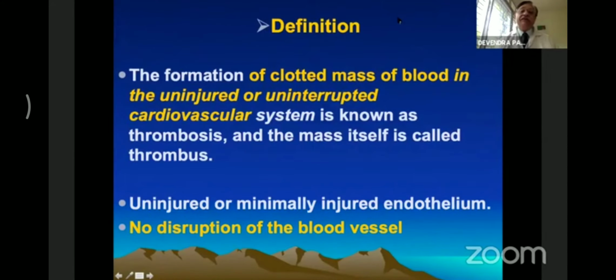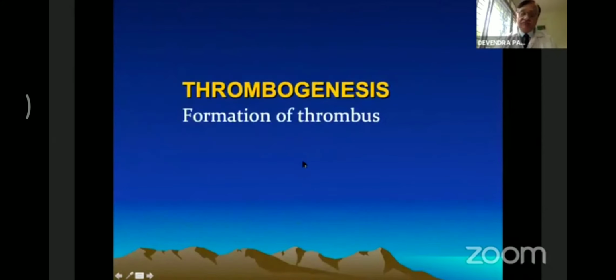But at the same time, the endothelium may have a minimal or subtle injury, with no actual disruption of the blood vessel. If disruption occurs, the clot is normal. Without disruption of the blood vessel, in an uninterrupted or uninjured blood vessel, if the clot occurs, we are going to call it thrombosis.